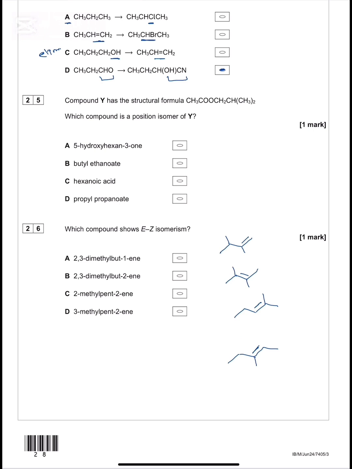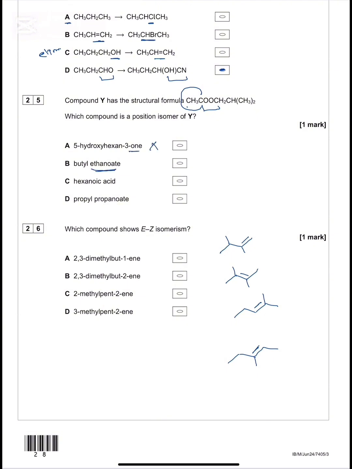The compound Y has this structural formula. Which compound is a position isomer of Y? Let's look at the functional group. The functional group here is an ester. So we are looking at an ester which has a different acid other than ethanoic acid, because this one is ethanoic acid. The first one is a ketone, so this is a different functional group. This is butyl ethanoate.